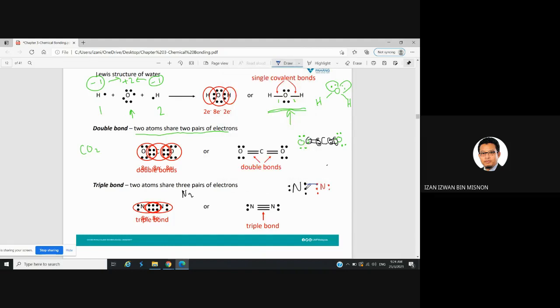So it will be shared, and finally we will have a triple bond of nitrogen gas.